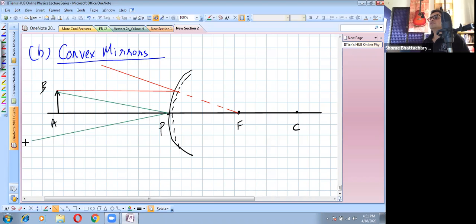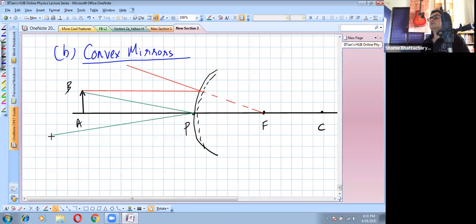So it diverges off symmetrically. So I'm just drawing a bit of a generic kind of diagram.